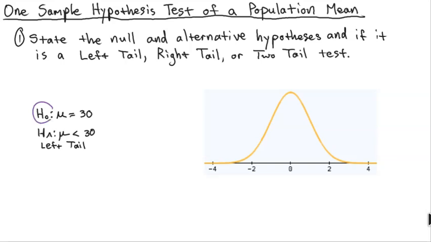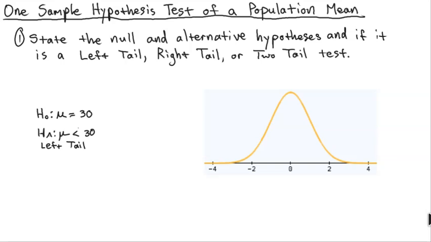So our null hypothesis is going to be that the population mean, mu, is equal to 30. But our alternative hypothesis is going to be that the mean time is less than 30. The people at the company suspect that the amount of time for the headache to go away is less than everybody else, that it's different than everybody else. In what way? That it's less than everybody else, and that's less than 30.